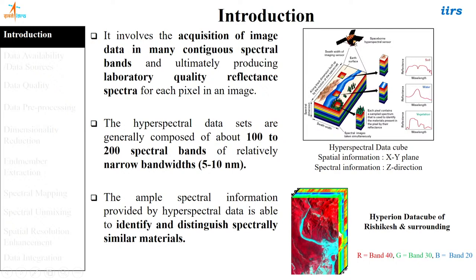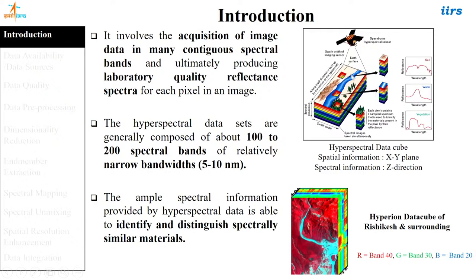Hyperspectral normally involves acquisition of image data in many contiguous spectral bands, producing laboratory quality reflectance spectra. Once the data is converted to reflectance, you can see here that XY represents the spatial information and Z represents the spectral information.